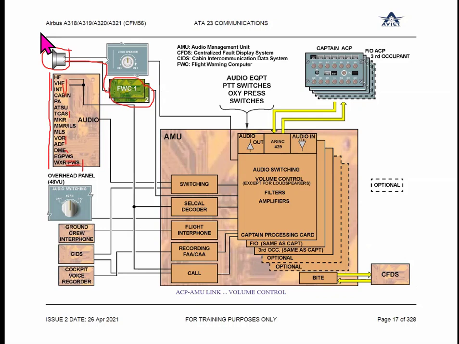So audio management unit priorities are already defined. Let's say, I'll give you one example. Pilot is calling to the cabin crew, or cabin crew is calling to the pilot. At the same time, he's getting a SELCAL call from the ground. So SELCAL call has got the priority over cabin crew.